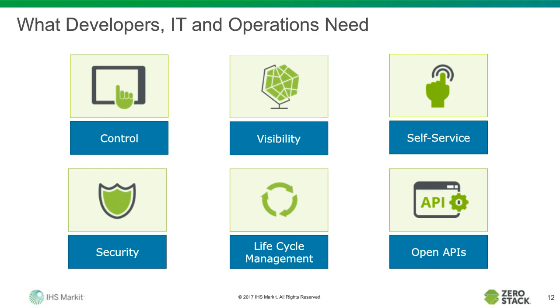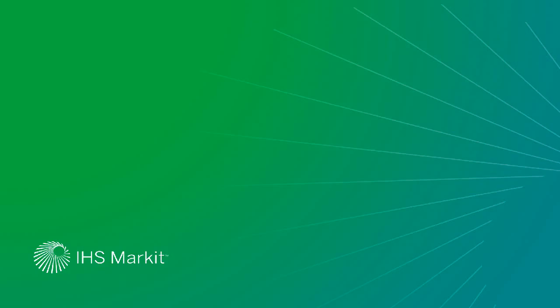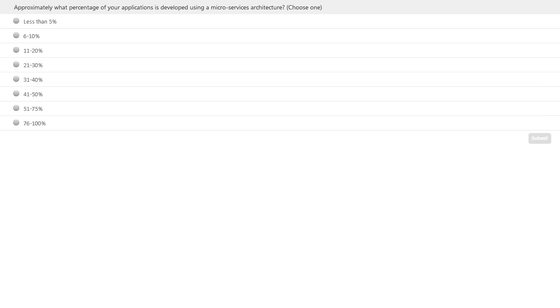Well, let's go to that polling question. Thank you, Steve. I would like to ask the audience to help us understand a bit where they might be in their movement to a different type of application stack. One of the metrics that we use is what percentage of your applications that you're developing are using a microservices architecture.